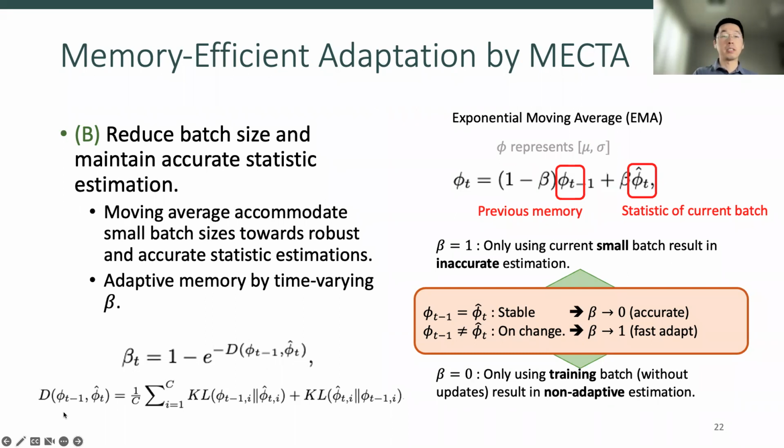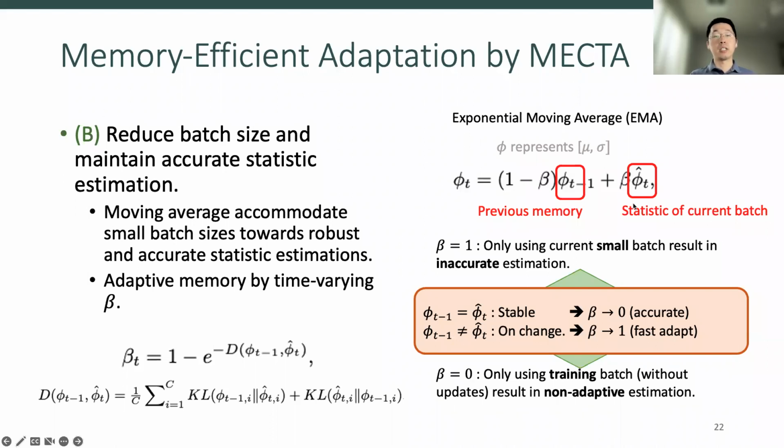We measure the similarity between the two statistics by a symmetric KL divergence. In the KL divergence, we assume the two statistics model Gaussian distributions. Of course, this is an approximation of the feature distribution, but we notice this approximation works pretty well in practice. Then we use an exponential term to reshape this distance into a range between 0 and 1.